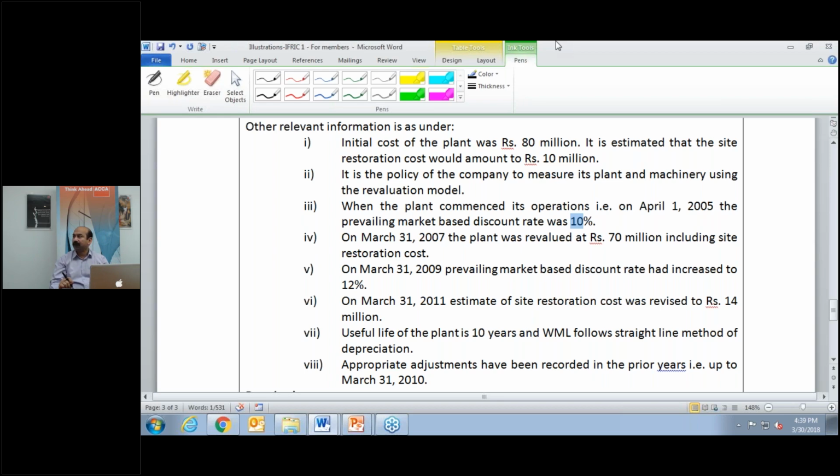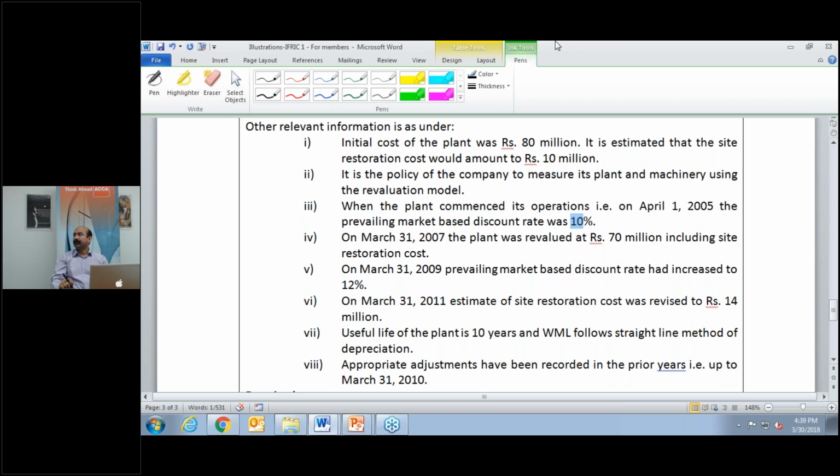Point number 4 related to the decrease of the decommissioning liability, whereas point number 6 related to the increase in the decommissioning liability. Useful life of the plant is 10 years, and WML follows straight line method of depreciation. Appropriate adjustments have been recorded in the prior years up to the March 31st, 2010.